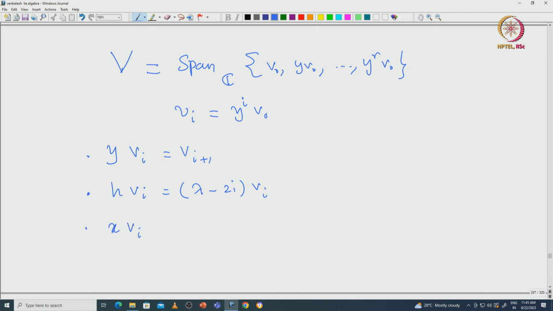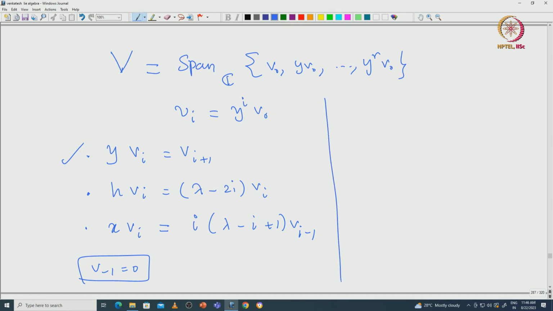So, x v I will be exactly equal to I times lambda minus I plus 1 v I minus 1. Okay. Here we set v minus 1 to be 0, because that is used in this formula. The only thing that is required to be checked: the first formula is fine, the second formula is also fine, the third formula needs some checking. So, let me do it.